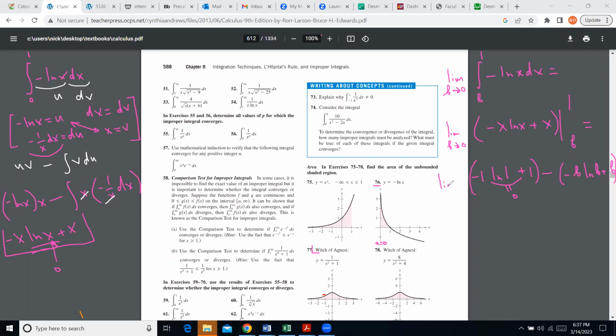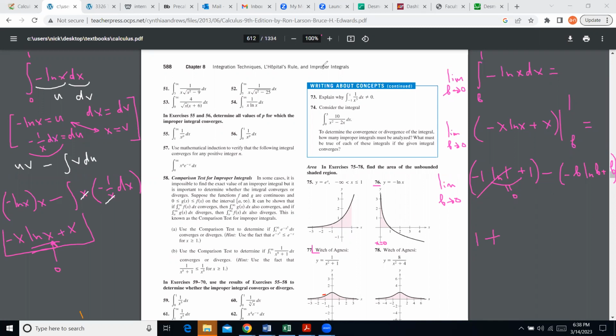And the limit when b is approaching 0 to be taken. So the first piece is 1, right? Because this goes away since it's 0, so it's a limit of 1. Minus and minus is plus. Now I'm taking the limit of the other piece.